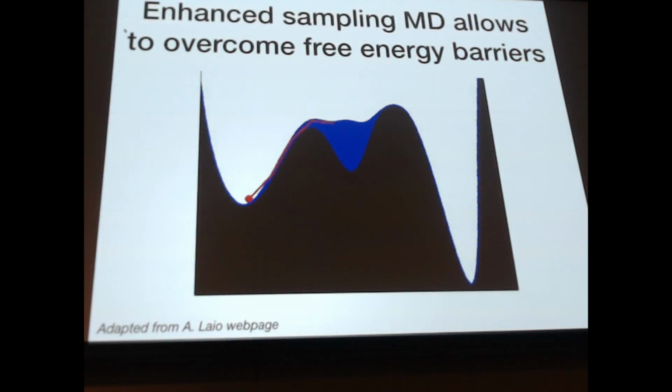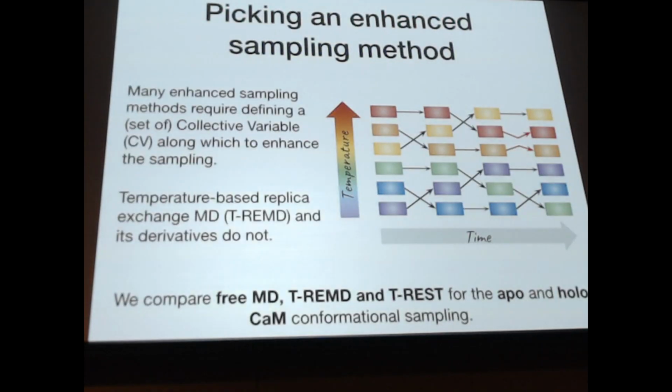But the problem of many techniques is that you need to have access to a collective variable, or a degree of freedom that is the slow one, or the ensemble of slow ones, along which to enhance the sampling. And this was mentioned already a few times, and actually yesterday Pratyush showed us that there are now ways to discover these collective variables in a data-driven way.